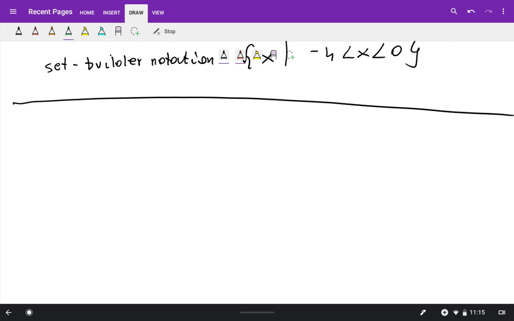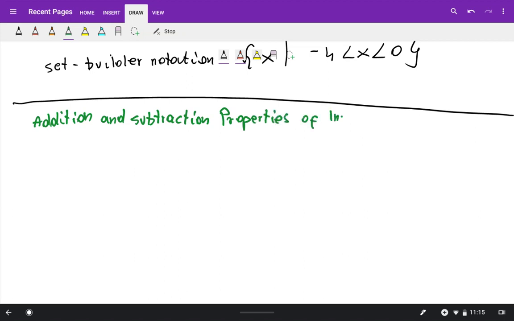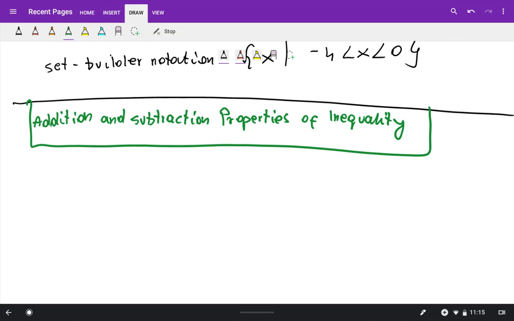Okay, so next I'm going to focus on addition and subtraction properties of inequality. Okay, so this is what we are learning. Let me just write a note for you.